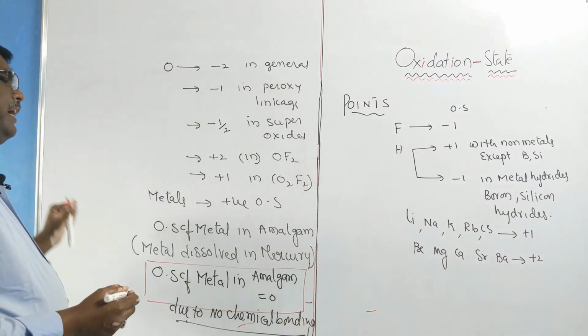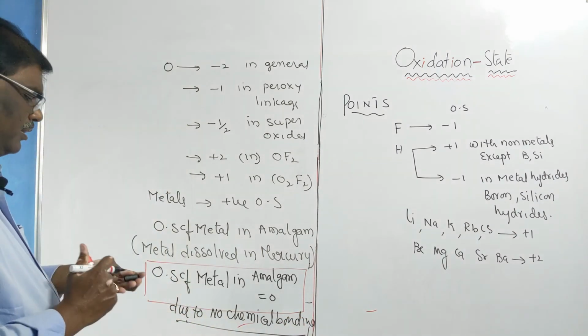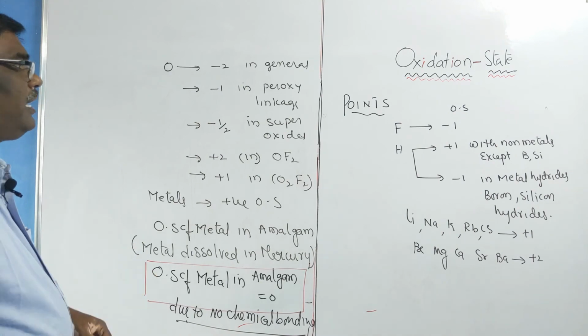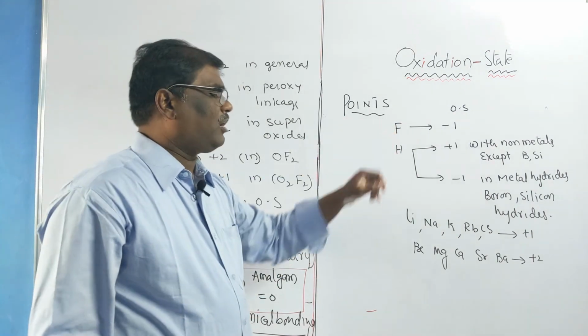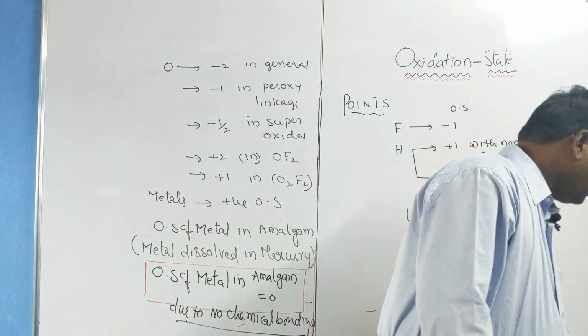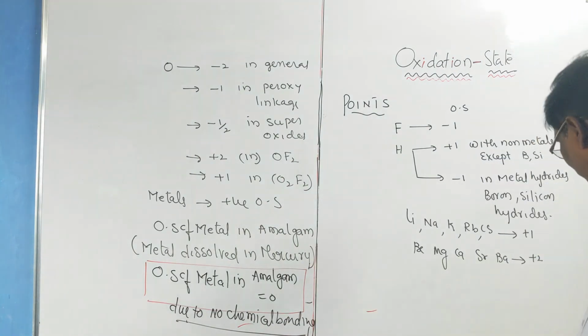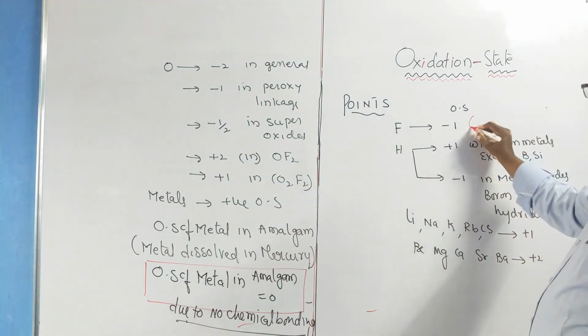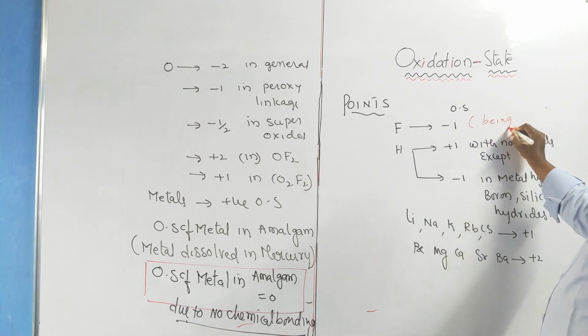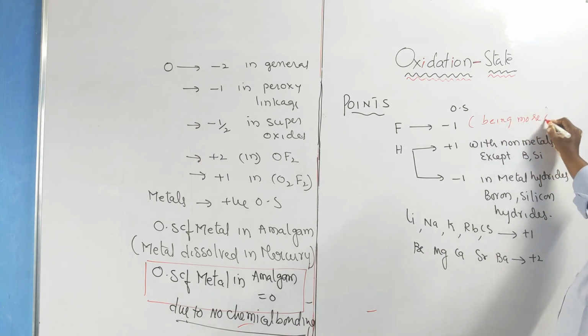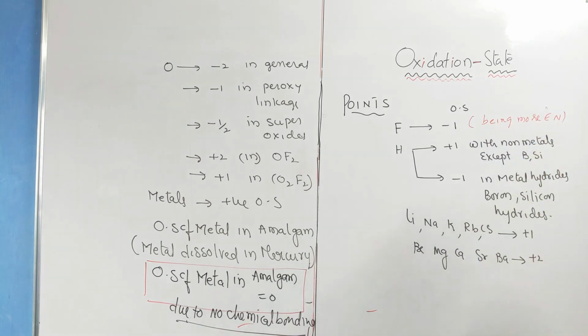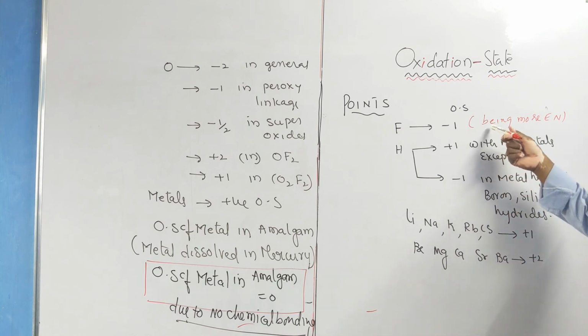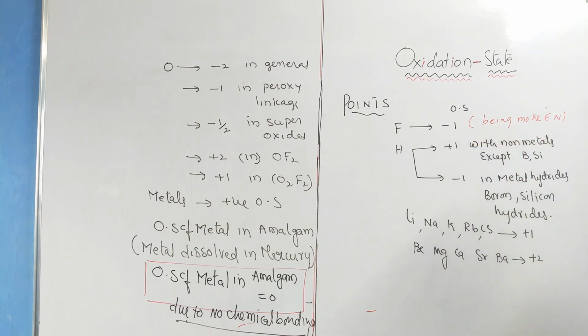So these are the points we have to remember. What are the points? Fluorine is always -1. Why is fluorine always -1? Because, being the most electronegative atom of all, it is always given -1.